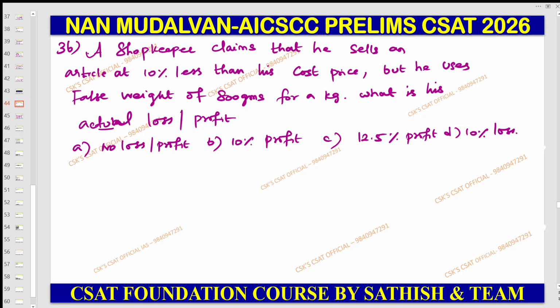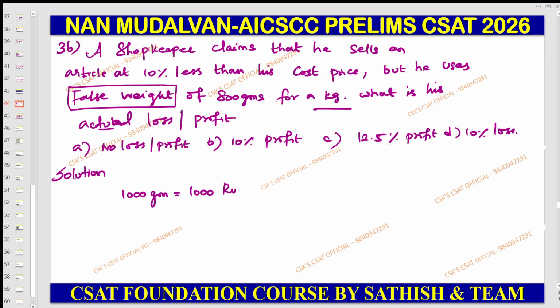Now try to understand. This is the false weight, a dishonest dealer concept. What you have to do here, for a kg, you take 1000 grams, nothing but 1000 rupees, or you can take it as 100 rupees or 1 rupee for calculation purpose, no problem. So what is the actual CP? Actual CP here is only for the 800 grams, because he uses only 800 grams.